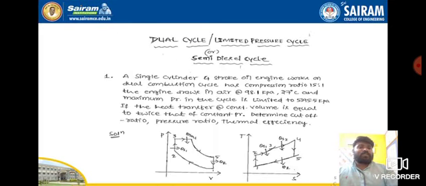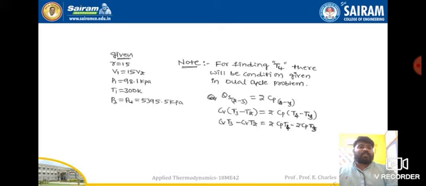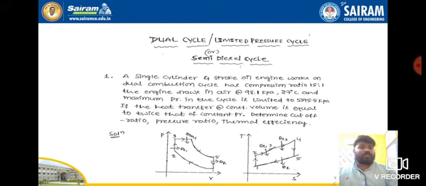Okay, so this is the dual cycle problem with the PV and TS diagrams, and we have written the given data, and the condition is given. We have clearly understood the condition: the QS of the 2 to 3 process is equal to 2 into Cp of the 4 to 3 process. Let us look once again at the sentence given.